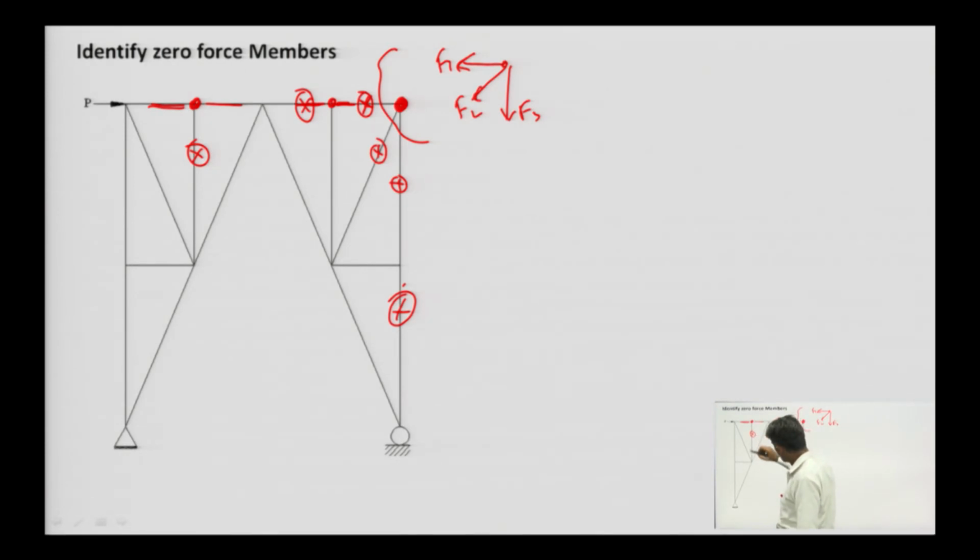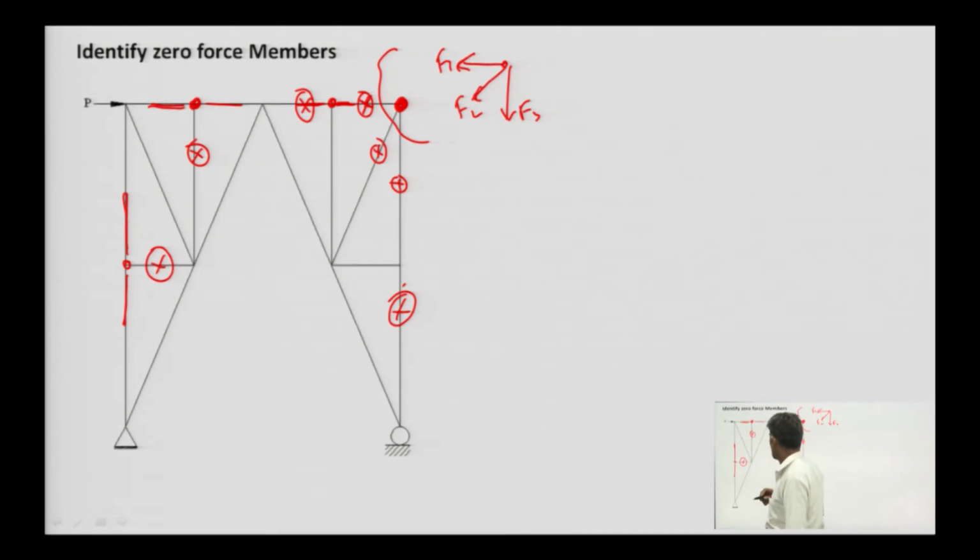Look here, at this joint, this member and this one member are collinear with each other, and the force in this member is going to be 0. So, this one is 0, this one is 0, this one is 0.